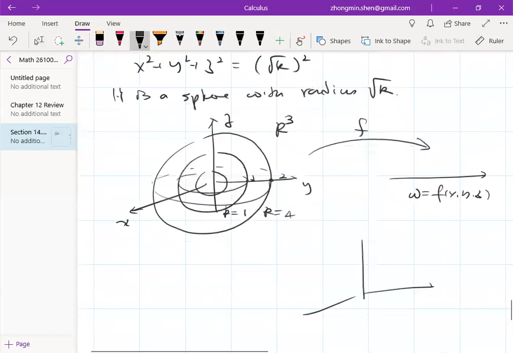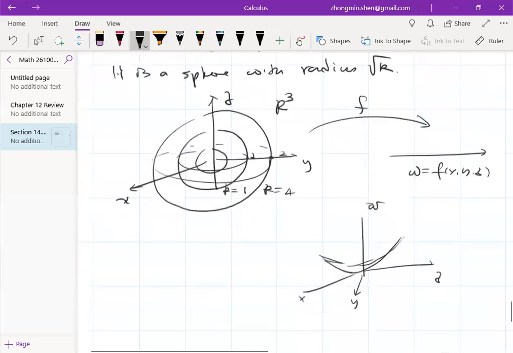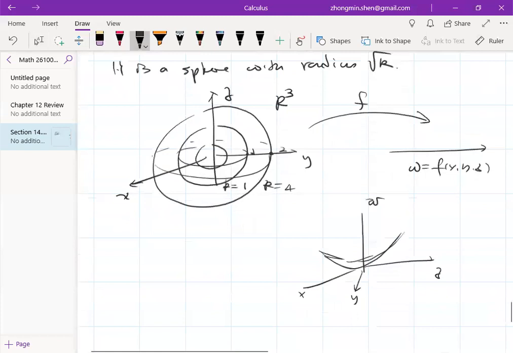So suppose this will be 3-dimensional space, like x, y, z. I cannot draw it. This will be kind of surface. So this is R3 here, x, y, z, and this is W. It's harder to draw, but it looks like a paraboloid.